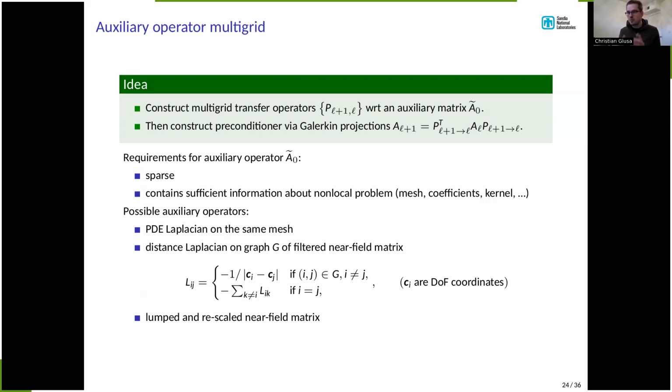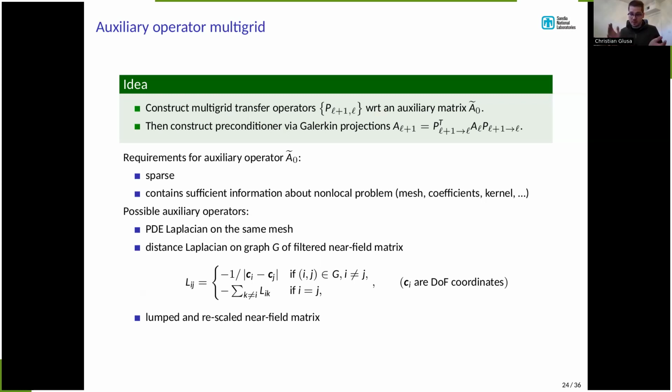But now we have to ask, what is a good auxiliary operator, a sparse matrix that we can use? It should contain enough information about the system that we actually care about. It should know something about the mesh, something about the coefficients of our problem, maybe ideally even something about the kernel. The first auxiliary operator we looked at was to simply use the PDE Laplacian. That is a sparse matrix, and at least this one knows something about the mesh.